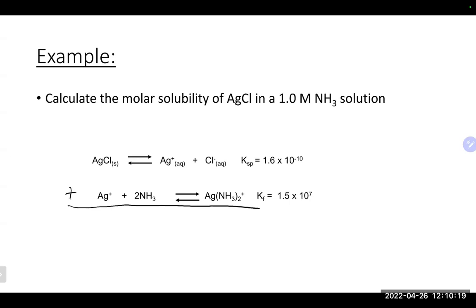And actually, in this particular case, it is actually the silver ion that's going to get canceled out as it's on both sides. That is going to leave us with really what is happening here, which is silver chloride that's in the solid state. You add a little ammonia to it, and it will basically free up the silver and make this complex ion here.